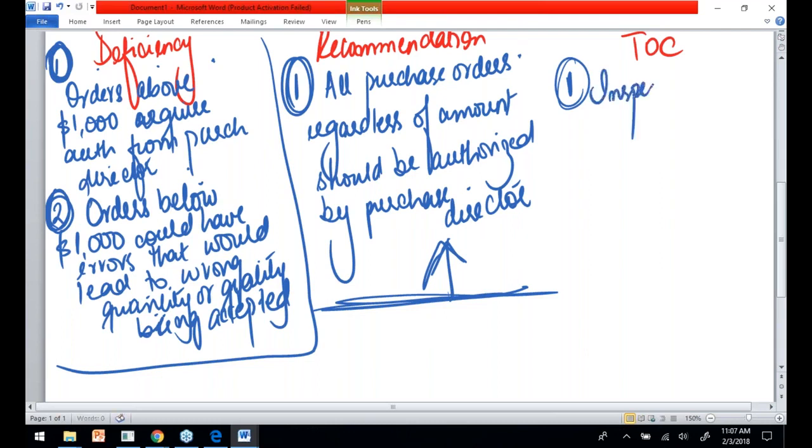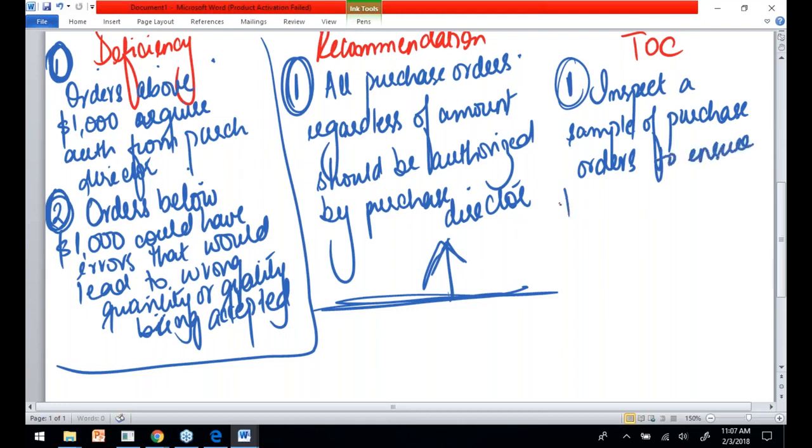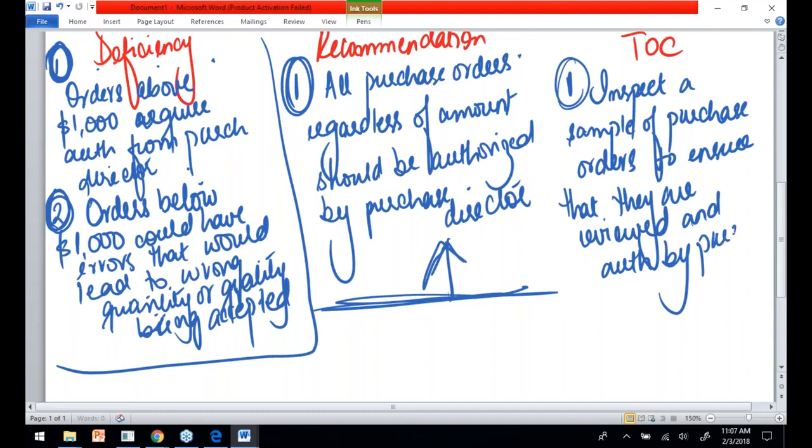Inspect, this is your work, a sample of purchase orders to ensure that they are reviewed and authorized by purchase director.